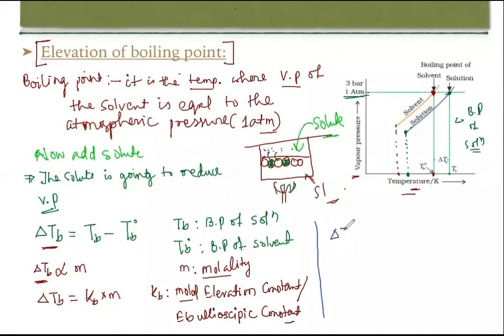Now delta Tb is equal to Kb, a constant term, into molality. If we change this molality in terms of solute and solvent, we can write delta Tb is equal to Kb into mass of solute divided by molecular mass of solute, into 1000, divided by mass of solvent in gram.